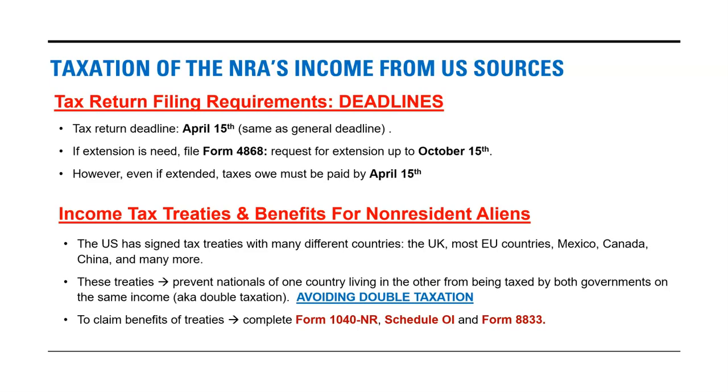The United States has signed tax treaties with many different countries, like the United Kingdom, most European Union countries, Mexico, Canada, China, and others. To claim benefits of the treaties, a person should complete Form 1040-NR, Schedule OI, and Form 8833.